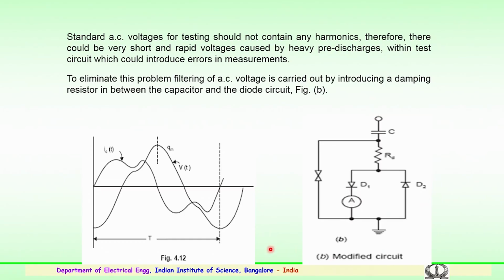So, to eliminate these disturbances or pre-discharges, a filtering of the AC voltage is carried out by introducing a small damping resistor in between the capacitor and the diode circuit, which is shown here. So, this is the modified Chubb-Fortescue arrangement.